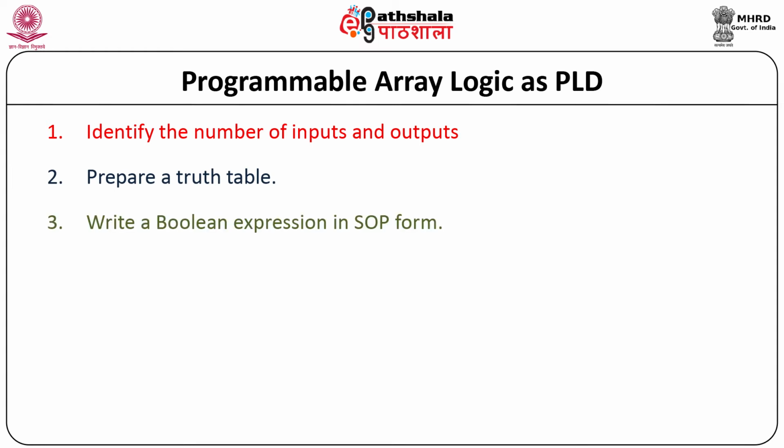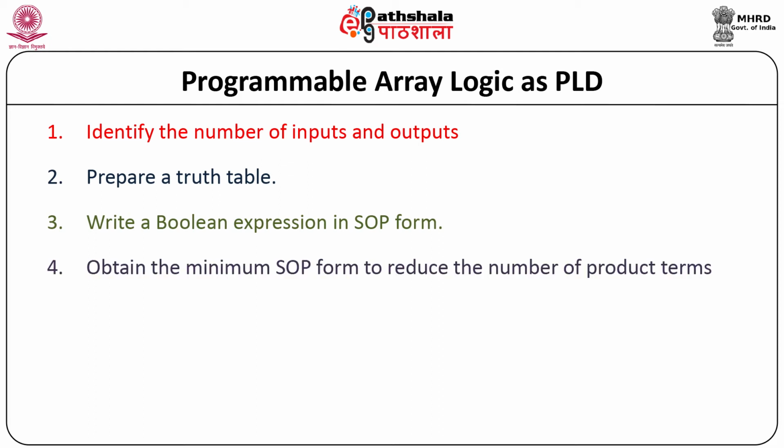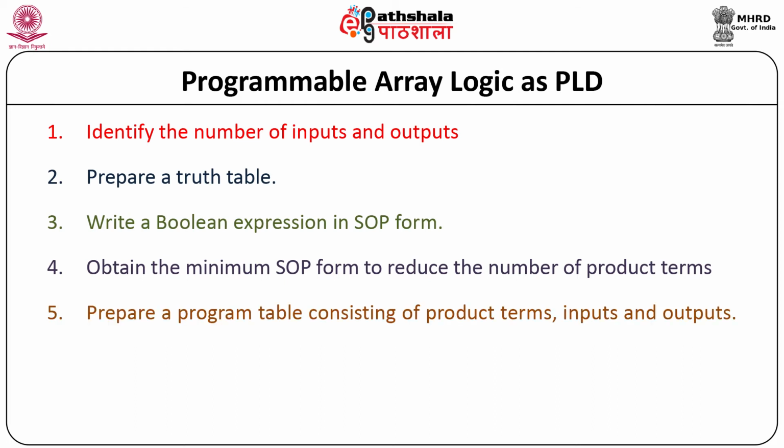Third, write a Boolean expression in sum of product form. Fourth, obtain the minimum SOP form to reduce the number of product terms to a minimum. Fifth, prepare a program table consisting of product terms, inputs and outputs. At this stage, all the product terms must be numbered.